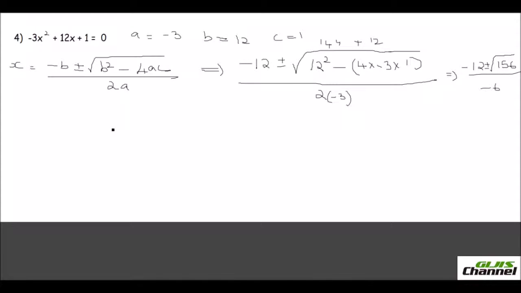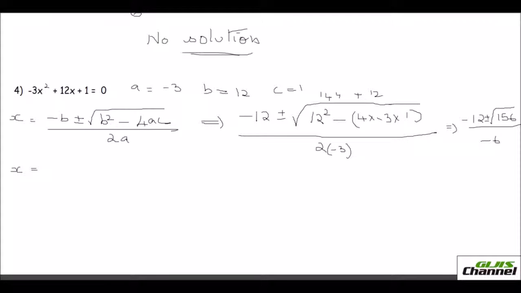Now your x, when you get root 156, you can either use the calculator and get the exact answer, or you can simplify the radical. I hope you know how to simplify the radicals. I just tell you, you keep dividing 156 by the lowest number possible. So I start with 2. That's 78. Again with 2.